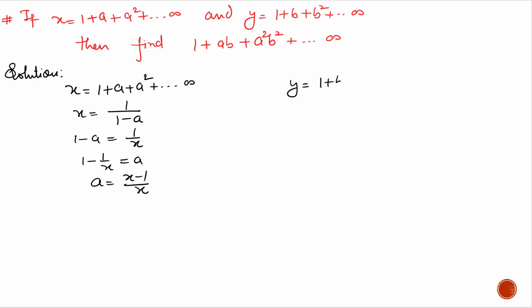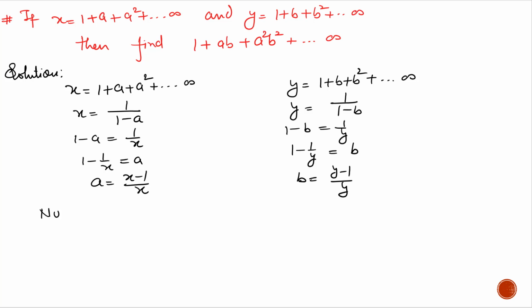Similarly solve for y. y is 1 plus b square and so on till infinite. So y equals 1 upon 1 minus b. And after simplification, we'll get the value of b, which equals y minus 1 upon y. Now we calculate 1 plus ab plus a square b square and so on till infinite. Again we use the formula of the sum of an infinite series, A upon 1 minus R. A is 1 and the ratio is ab.